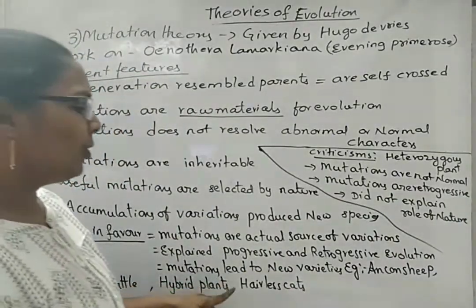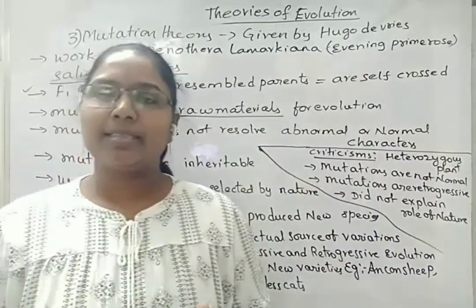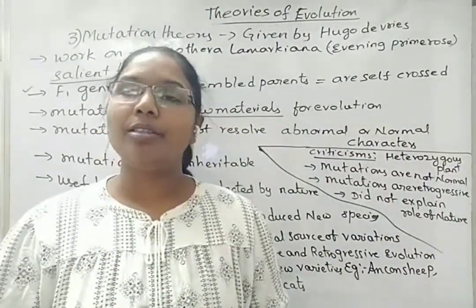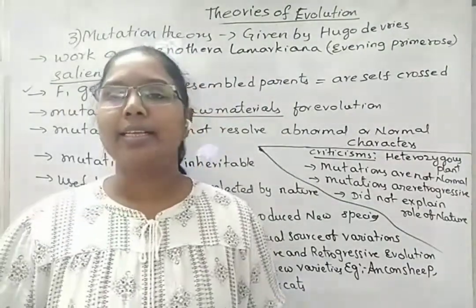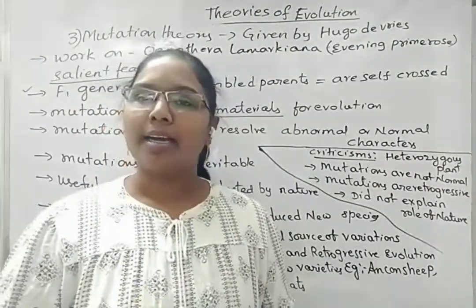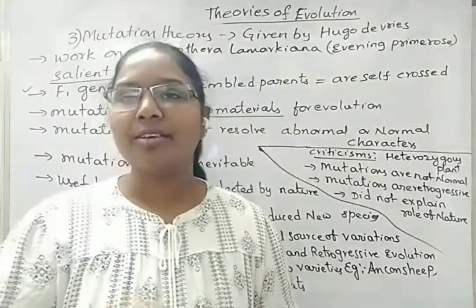Mutations led to new varieties. Mutations mean sudden changes based on the requirement of the organism. Here we can take Ancon sheep, which are short-legged sheep that are unable to cross fences.